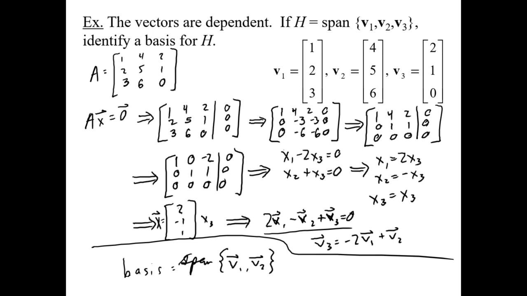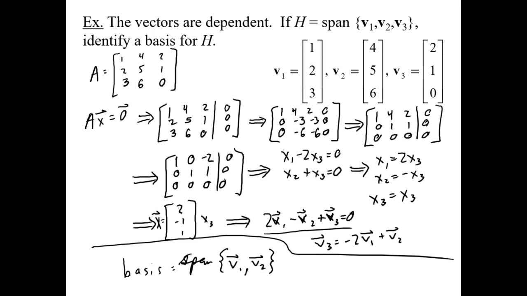Now, because we're told that they are dependent from the very beginning, I know that I'm going to be able to throw out at least one of them. The only reason that I kept going through this whole process was to see if I can throw out two of them.